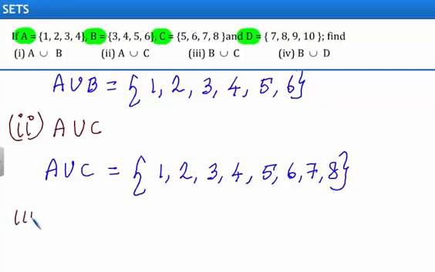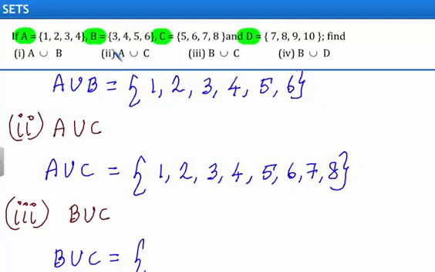And in third part of the problem, we need to find B union C. B union C is equal to set of those elements which are either in B or in C. So this will be equal to 3, 4, 5, 6, 7, 8.